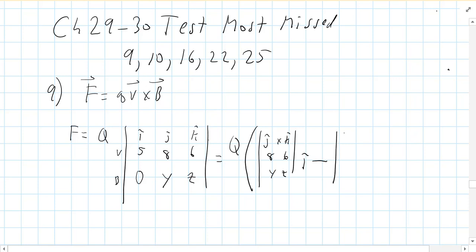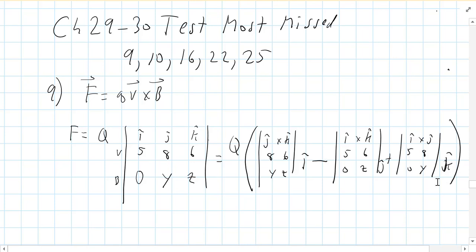Minus, the J hat is I cross K, which is negative J, that's why our negative sign is sitting there, and here you get 5 and 6 and 0 and Z. Then plus our K hat, which is I cross J, which is 5 and 8 and 0 and Y.